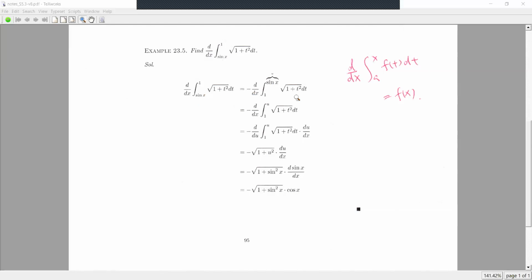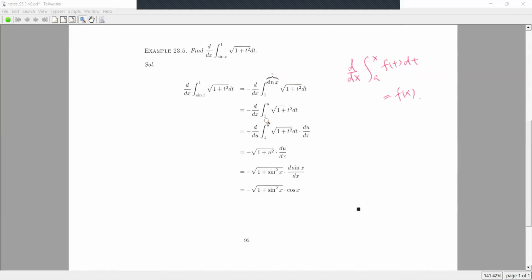For this derivative, I still cannot apply this formula. In this formula, the upper limit should be just x, but now it is psi of x. Now let me simplify the upper limit. I denote the upper limit by a temporary variable u, then this integral becomes this integral.